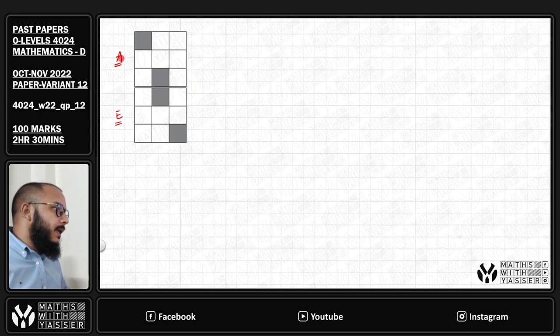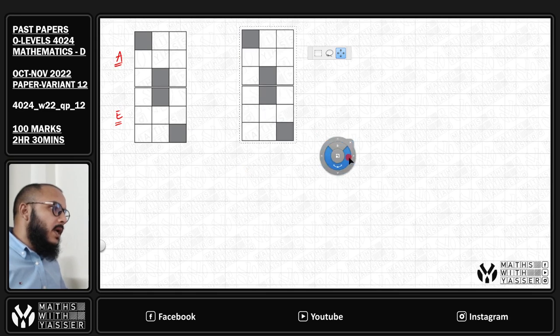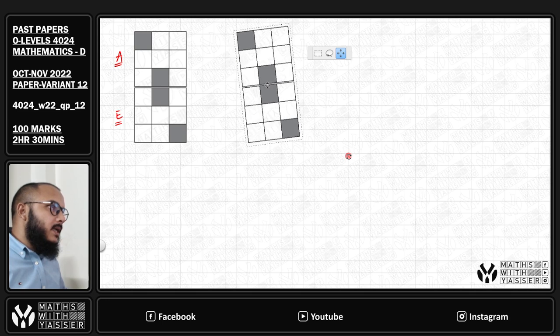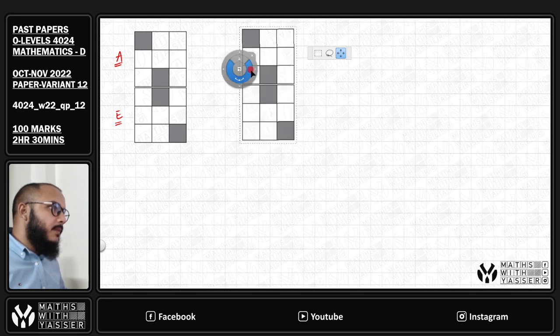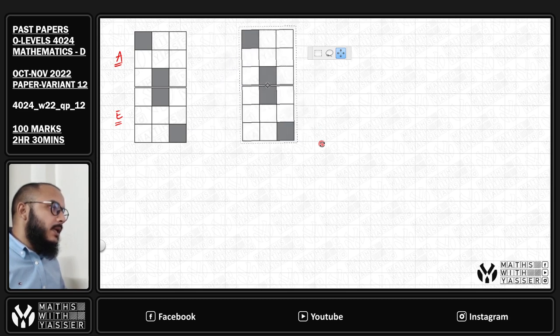So this is the tile A and this is the tile E. If I make a 180-degree rotation, I'll end up getting the same shape. If I rotate it once again up to 360 degrees, I'll get the same shape again.